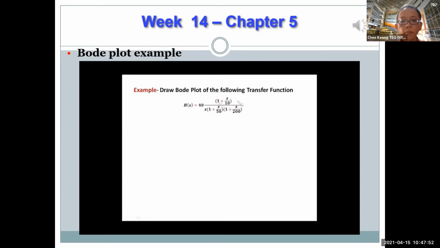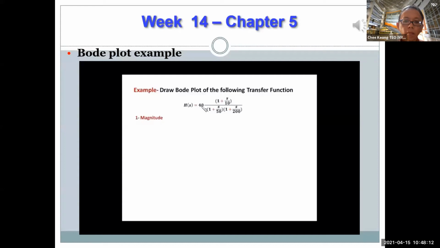So it is very clear that in this transfer function, we have one zero located at 10. We have one pole at the origin, one pole located at 50, and another pole located at 200. And the gain of the transfer function is 40.